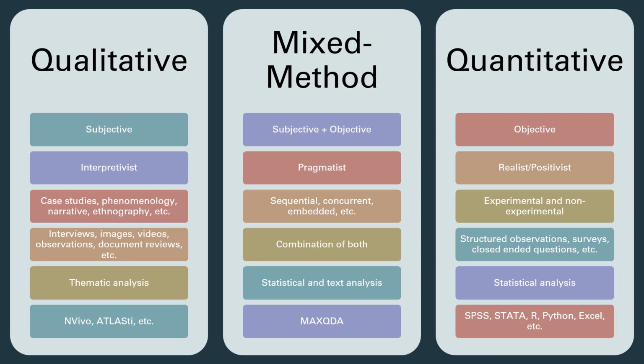Now coming back to mixed method research. Mixed method research comes from both the subjective and objective philosophical domains. They believe that reality is subjective in nature, but they also try to verify it through facts, and they believe in the pragmatist approach.